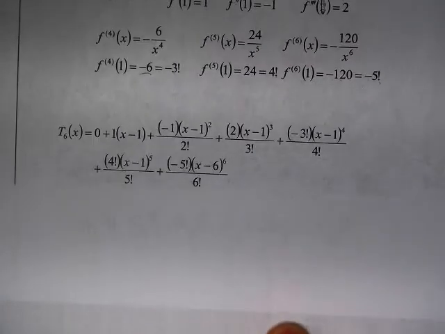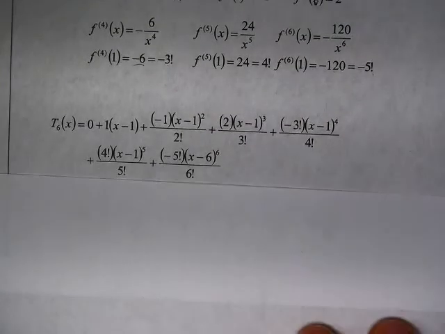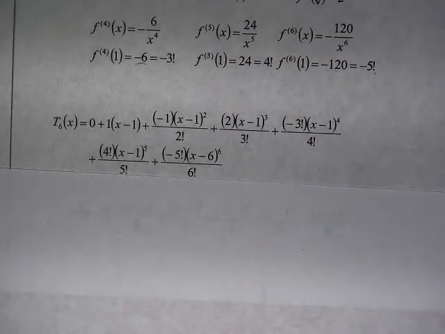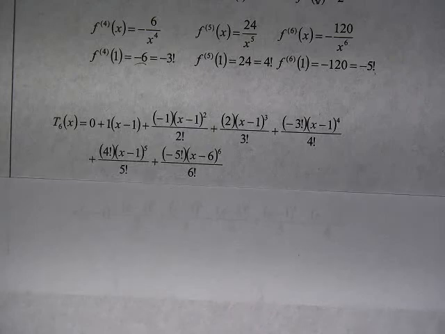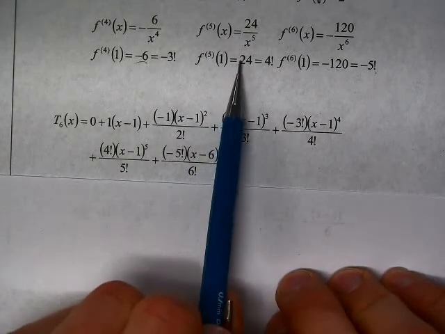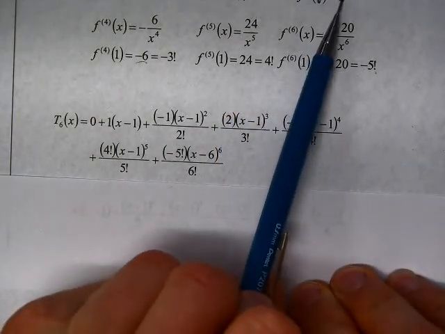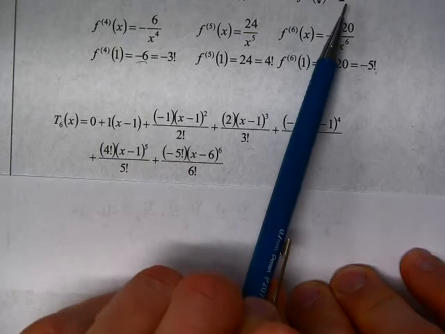And so the sixth degree Taylor polynomial looks like this. Now notice here that our derivatives start to include factorials.